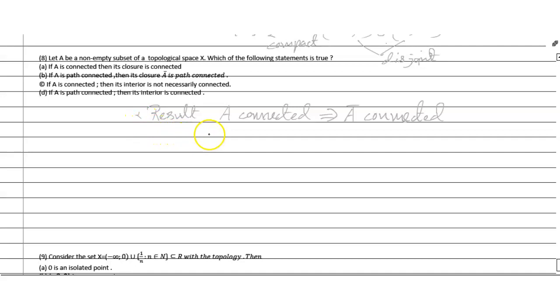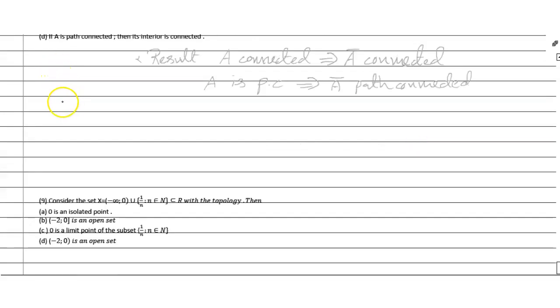If A is path connected, that implies A bar is path connected. Example: x, sine 1 by x, where x belongs to R, a subset of R, where A bar is connected, but that does not equal path connected.